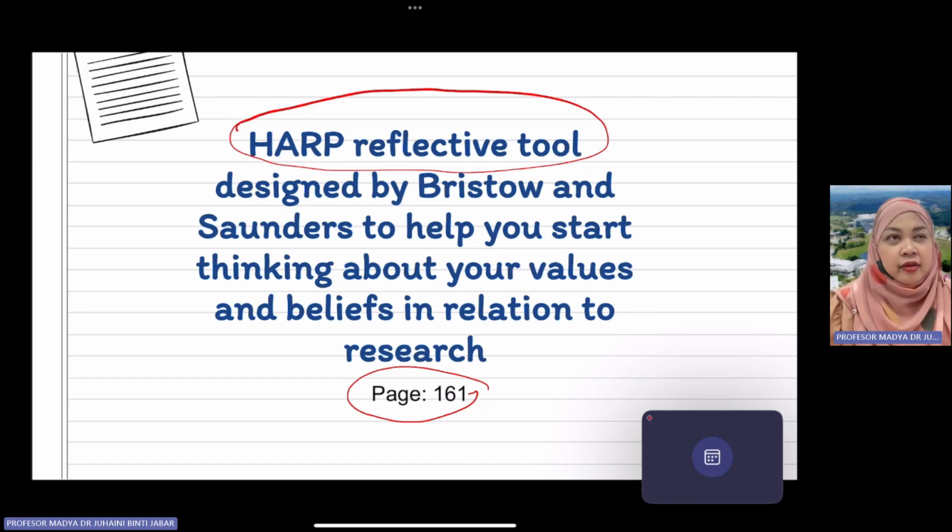Have a very good understanding of what you want to do with the topic first, and only then approach the reflective tool and answer all the questions based on your research topic and what you are going to do. At the end of the reflective tool, you can get an idea of what type of philosophy or research approach or research design is suitable for your topic.